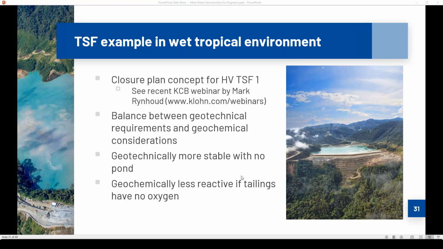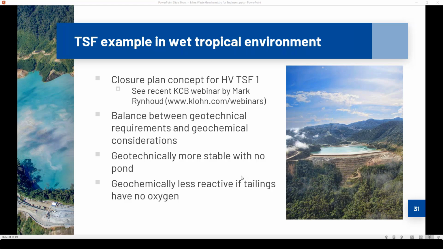At closure, one of the concerns is to try and balance the geotechnical requirements of stability in this environment with the geochemical considerations. In other words, we want to get a balance between keeping this facility geotechnically stable and reducing the reactivity of the tailings so that they do not generate salinity, they do not become acidic, and they do not generate further metals.